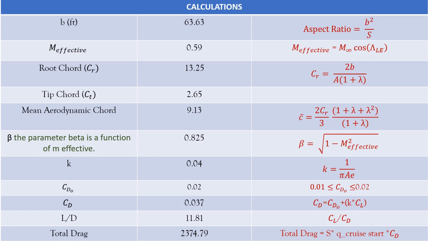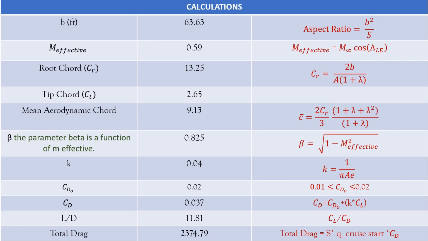It is also important to note that irrespective of the formula, the leading edge sweep angle needs to be varied and it has to be found that the maximum M effective is obtained with the corresponding leading edge sweep angle.